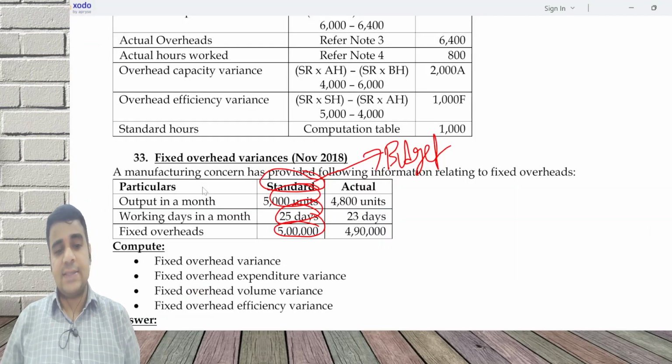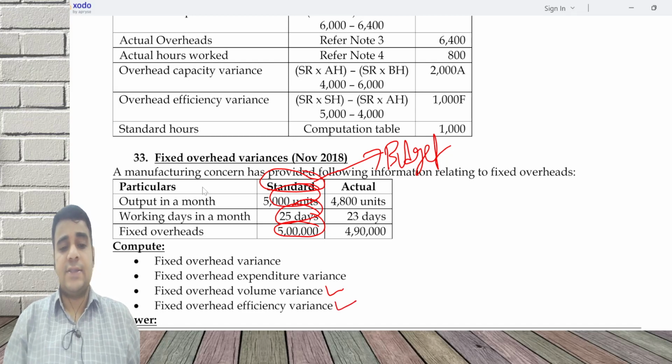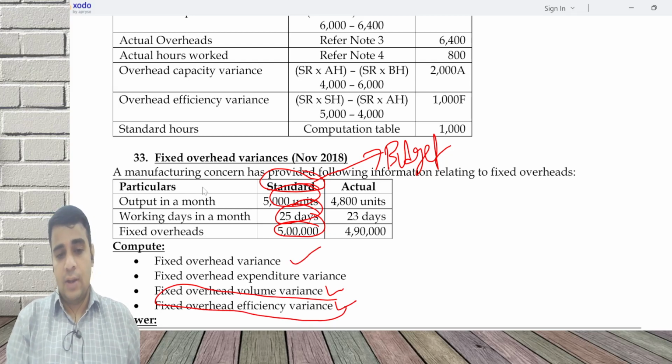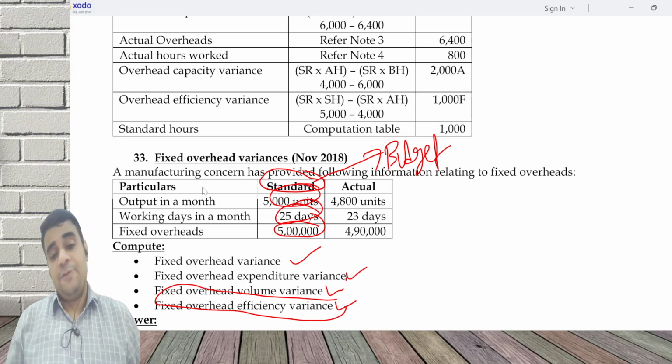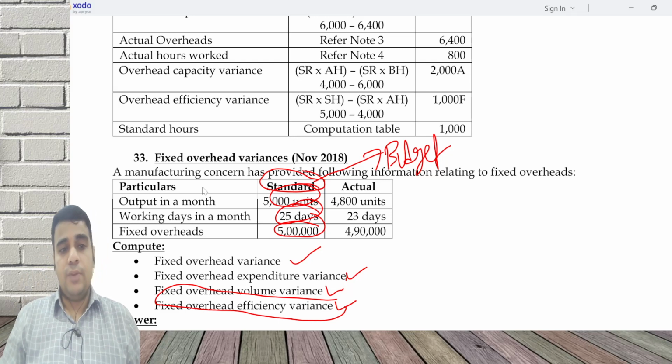Question as such has not asked for capacity variance, but they've asked for efficiency variance. For efficiency variance, I need the second column. For overhead variance, I don't need the second column. Expenditure, I don't need it. Volume, I don't need it. But efficiency variance, we will need column 2. So we are making an assumption that there is no capacity underutilization or overutilization.